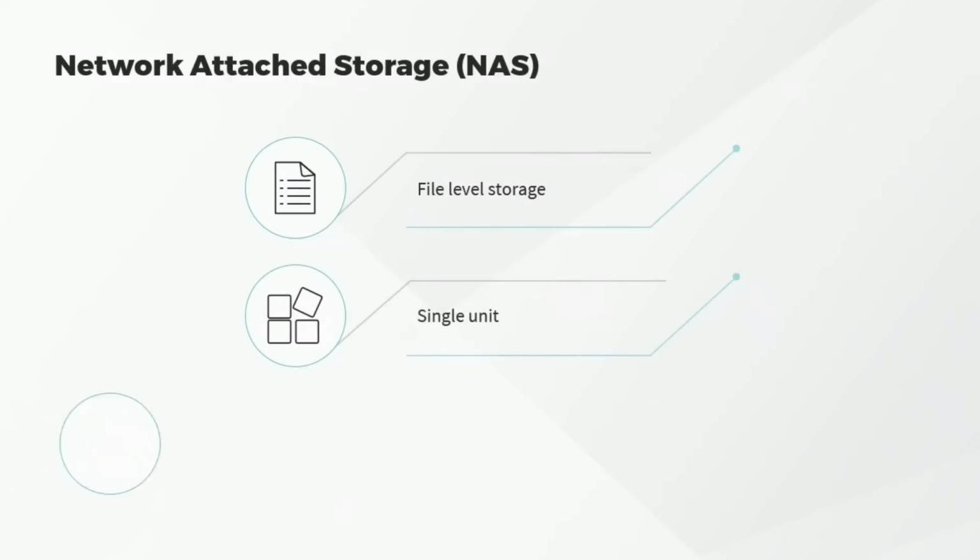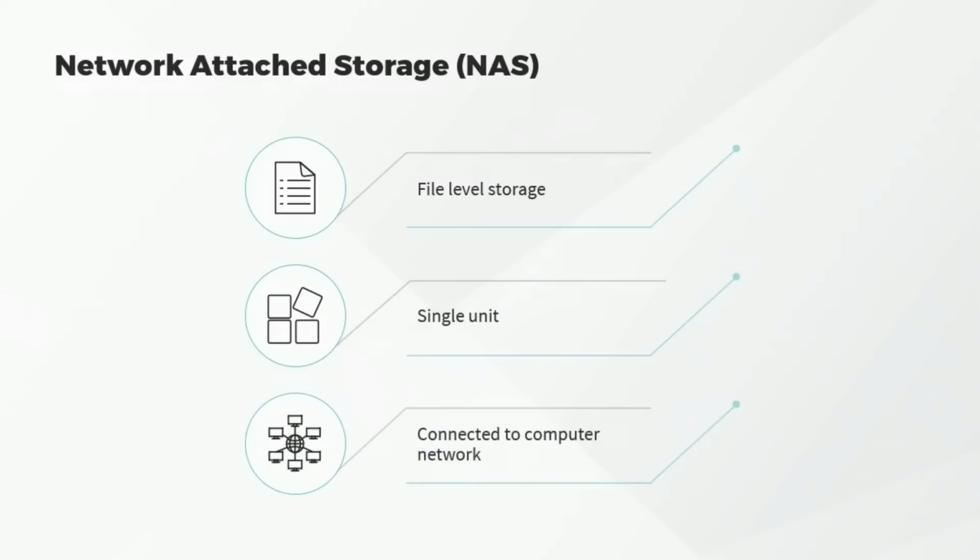It's typically in the form of a single unit that is connected to and accessed over the network. But storage area networks are essentially much larger and much more robust than NAS. For example, a NAS device might contain, let's say, 5 or 10 hard drives, whereas a SAN might contain hundreds or even thousands of drives.